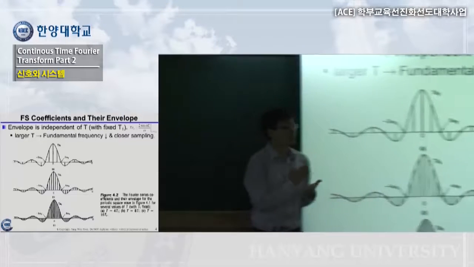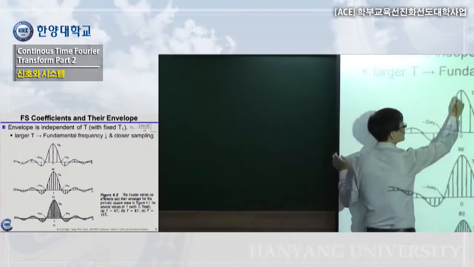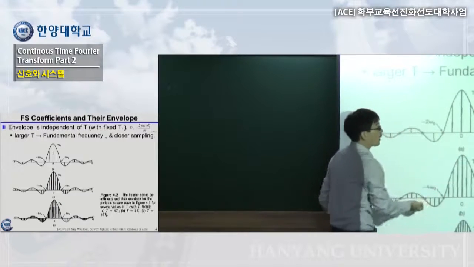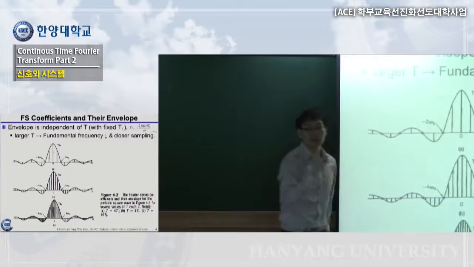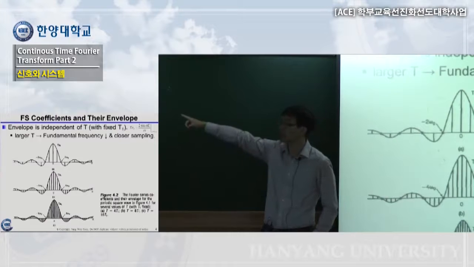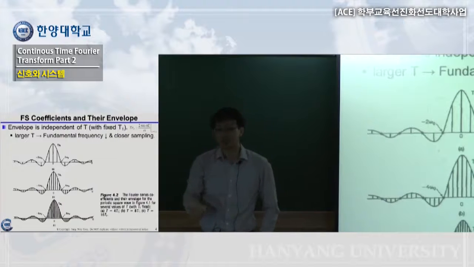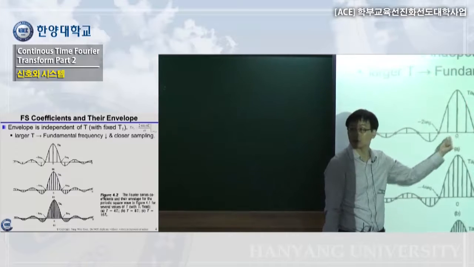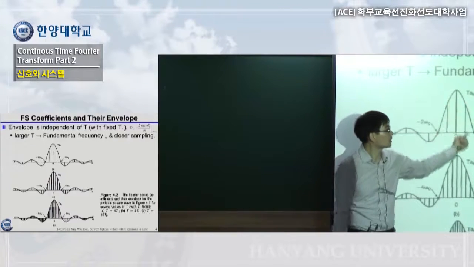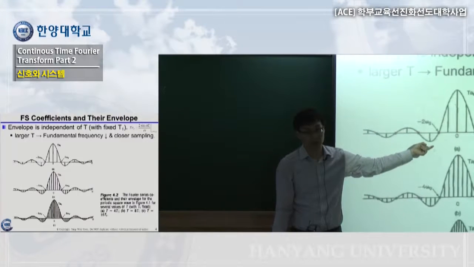To get the Fourier series coefficients, we pick up samples when k equals 0, k equals 1, k equals 2, k equals 3, k equals minus 1. So we are picking up samples at each k, and then we calculate the Fourier series coefficients. Then we make this spacing infinitely small to find T a_k, which is the whole signal. That's the Fourier transform.